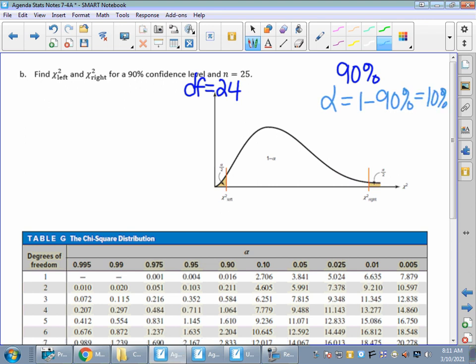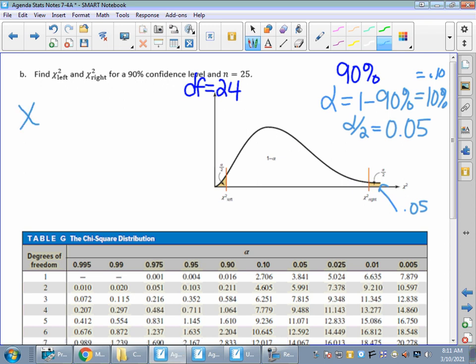So I'm asking how unconfident are you for our alpha? So I'm 10% not confident. So I'll put in alpha equals 0.10. So alpha over 2 is equal to 0.05. 0.05 is what I'm going to use then for my chi-square right.